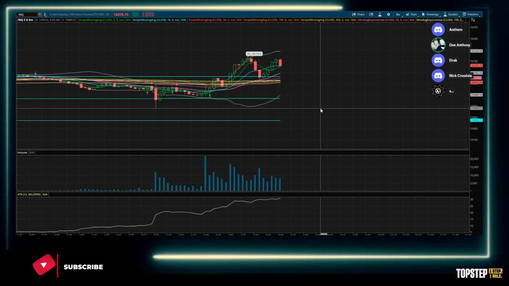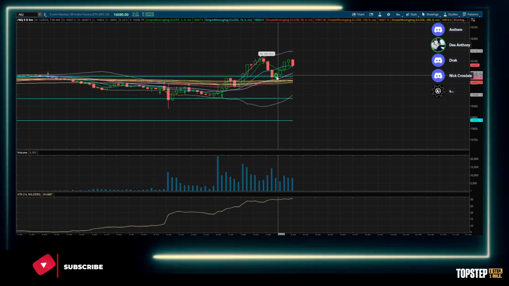If you were looking for the pullback, what was your move? We pulled back in, little baby candle off of support, green taking out baby candle, green taking out previous red candle, long. Somewhere between 16,060 all the way up to 16,100. That's 40 points.